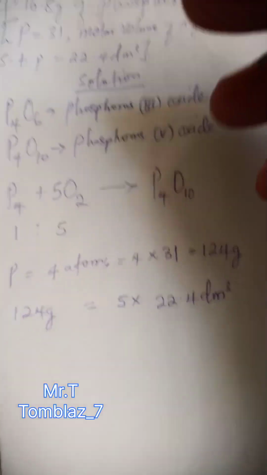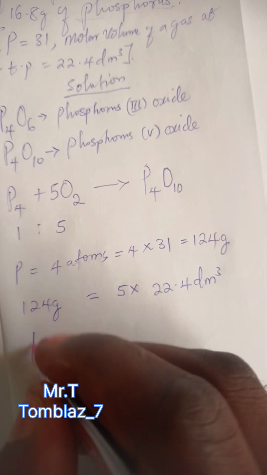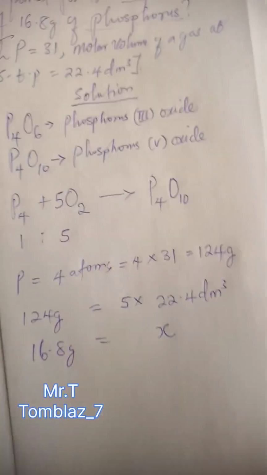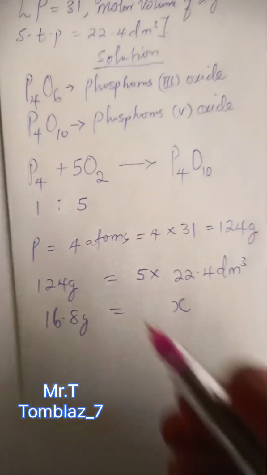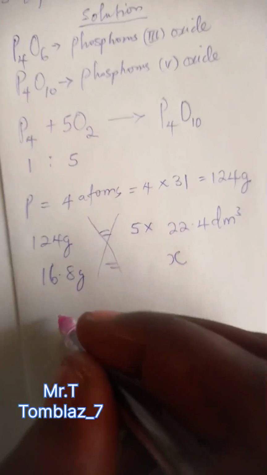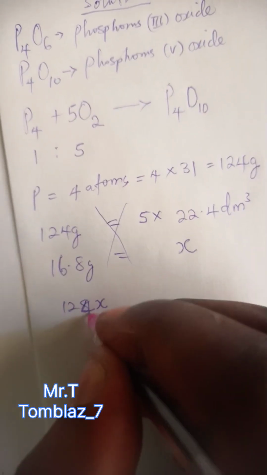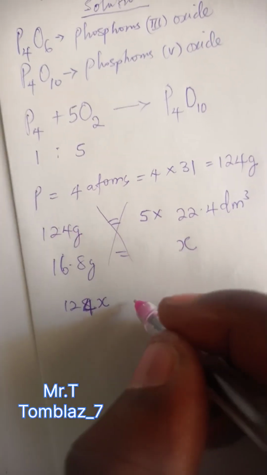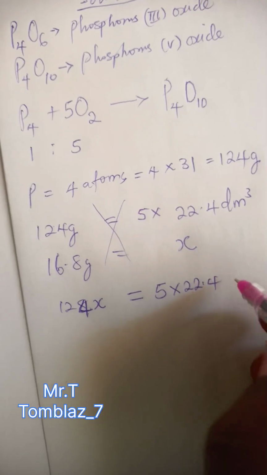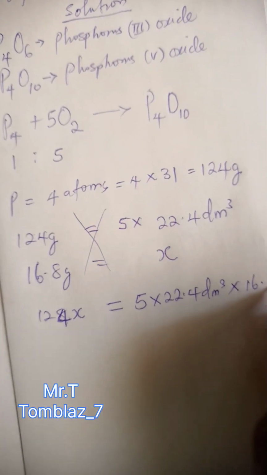But then they asked us to find the one that 16.8 grams will produce. So we have 16.8 grams and it equals X. Remember, this is our calculation. Okay, so if we cross multiply now, we'll be having 124X equals 5 times 22.4 dm cube times 16.8.